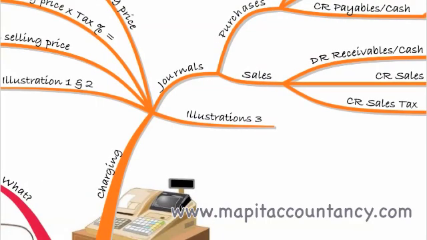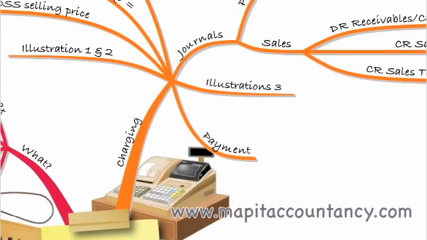So we now know how to calculate our net amount, our gross amount, and our tax amount. We also know how to post the journals through if we have purchases made with sales tax on them, or if we have sales made with sales tax on them. Another aspect we need to look at then is the payment that will be made.